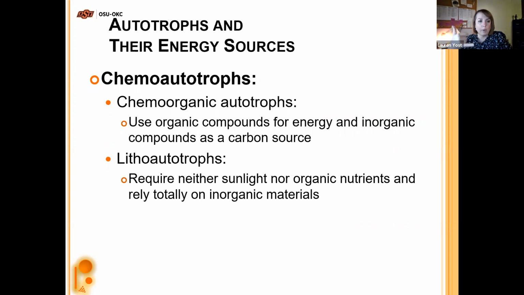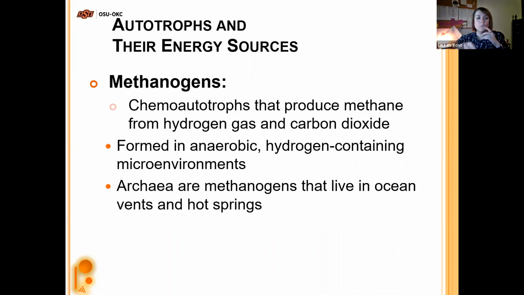Chemoautotrophs use chemicals for their energy and chemicals for their carbon source. Lithoautotrophs, they don't need sunlight or organic nutrients at all and rely totally on inorganic materials. Chemoorganic autotroph, okay, they use organic compounds for energy and inorganic compounds as a carbon source. So it's a little bit tripped up there.